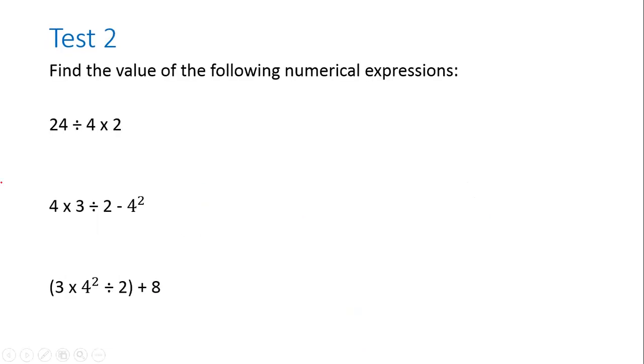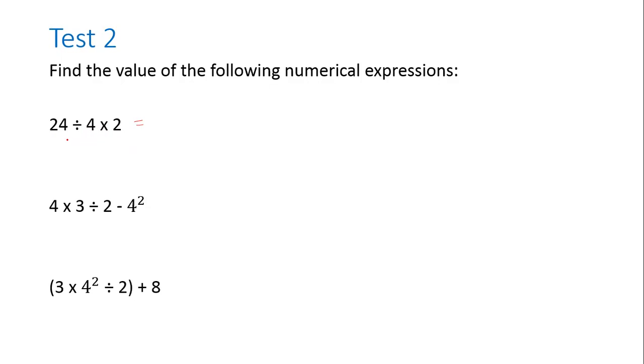Another test now. Find the value of the following numerical expressions. 24 divided by 4 multiplied by 2. Division and multiplication are of the same importance. They don't take priority over each other.